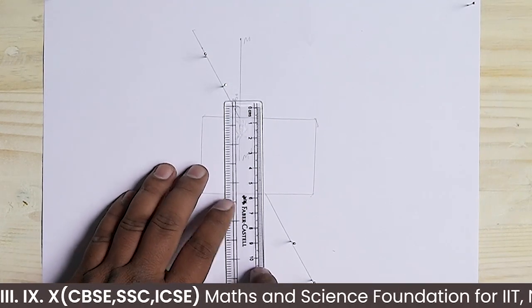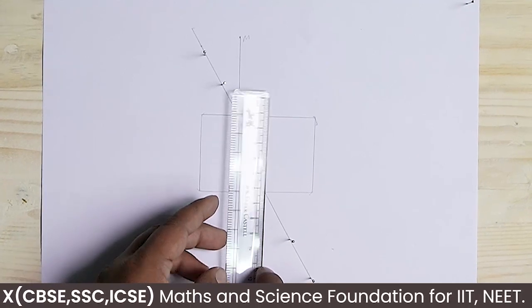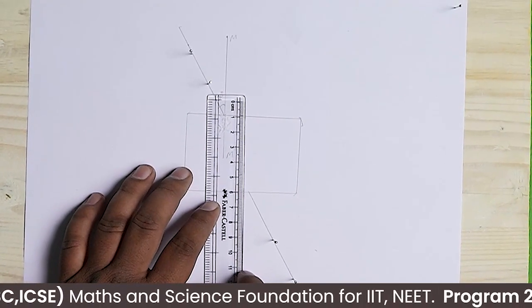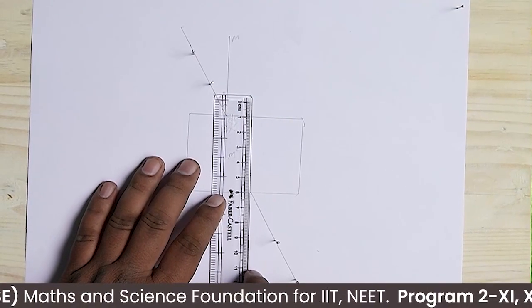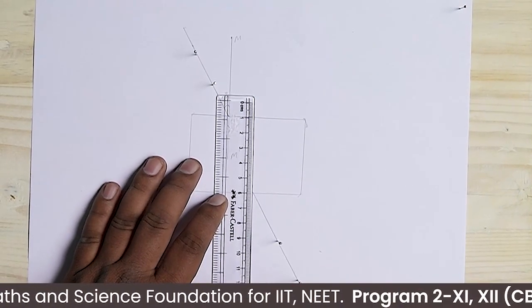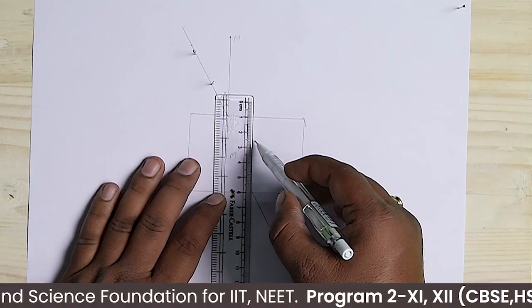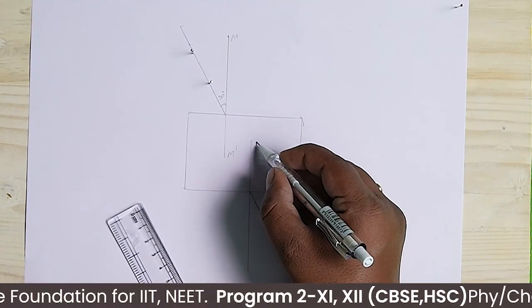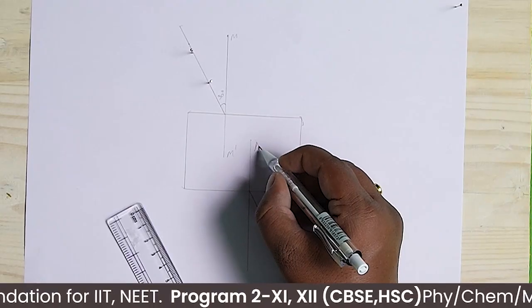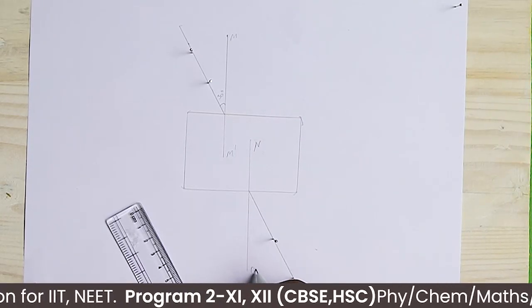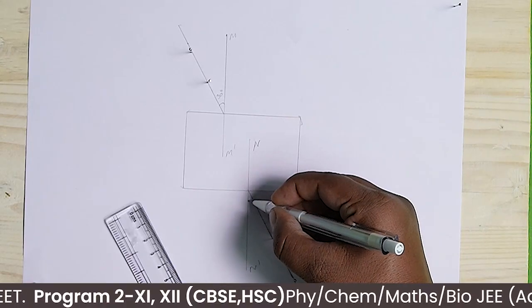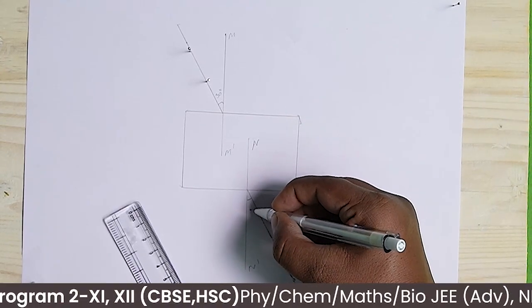To do that, align any line of the scale with the line of the glass slab at the point of contact. Label this normal as N dash. Now this is your angle of emergence.